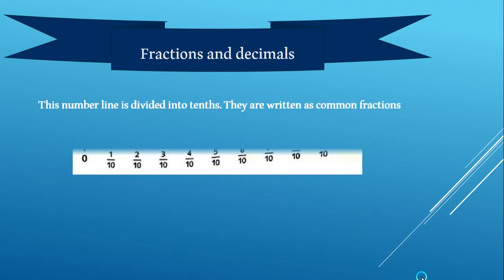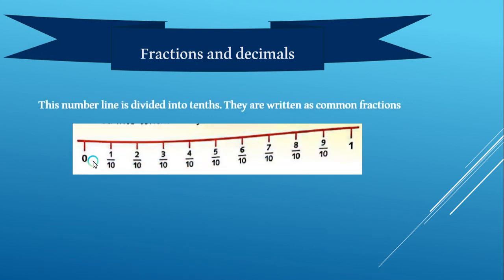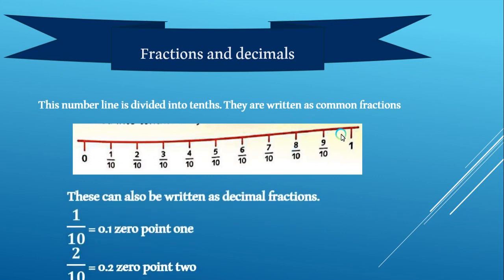So this number line, like you see here, is divided into 10 parts. Each distance between two lines is 1 over 10, which equals 0.1, 2 over 10 equals 0.2 in decimal, and like that.